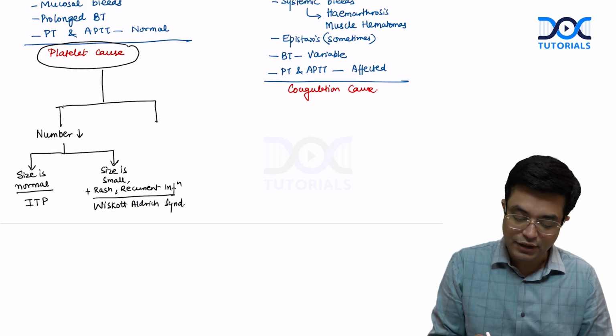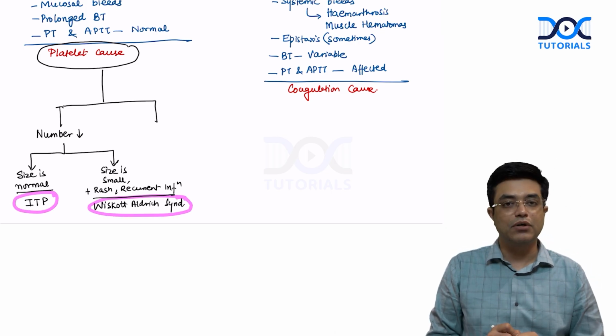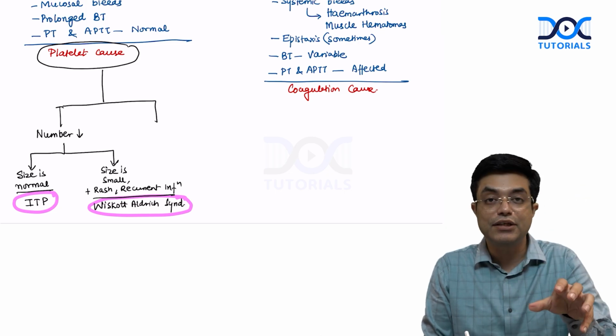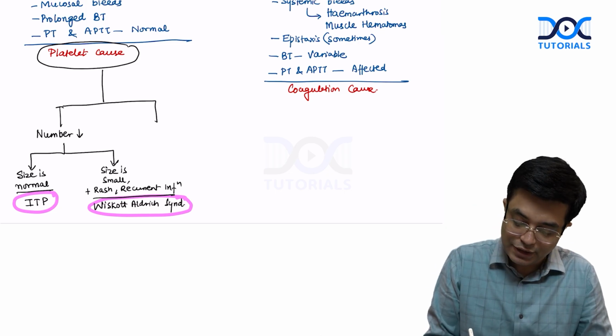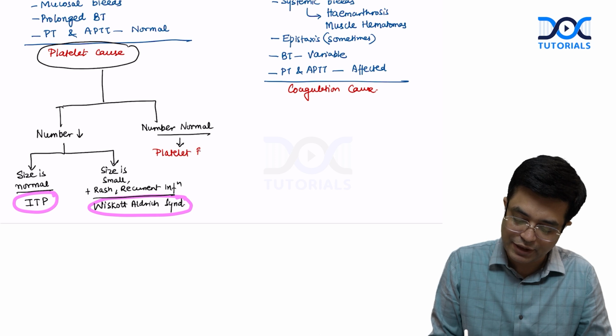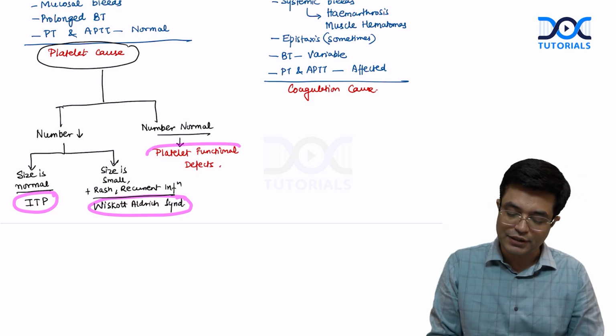So these are the possibilities you will consider if it is a low platelet count. On the other hand, in case this type of presentation is there, but the platelet number is normal, you will suspect the child is suffering from platelet functional defects. There are two types of platelet functional defects: Bernard-Soulier syndrome and Glanzmann's thrombasthenia. These are the conditions that should be suspected.